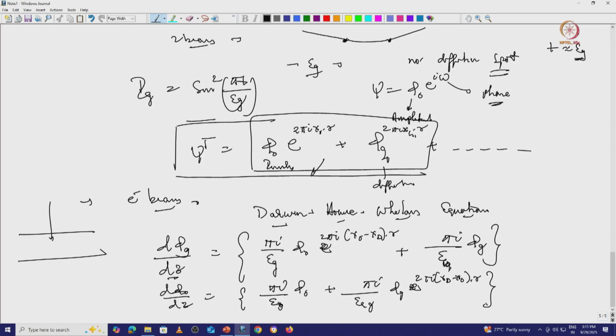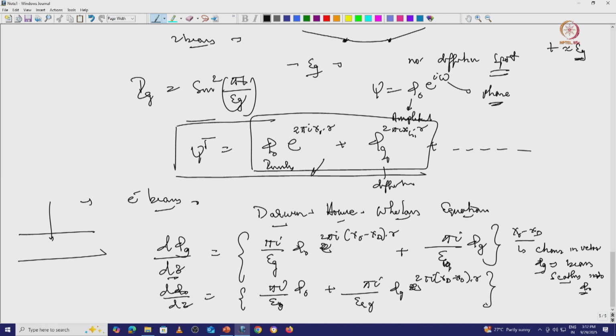Okay. So here x naught minus x d is the change in vector of phi g when the beam scatters into phi 0.